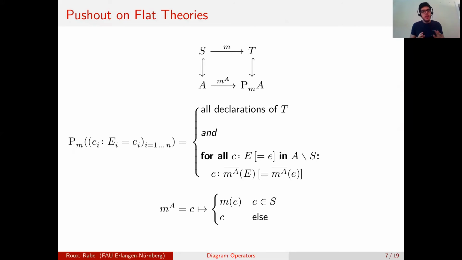And then for every constant which is really in A, and not just copied from S, we translate its type and definition components via M, or via some homomorphic extension of M. Right, so here we can already see that the pushout somehow works declaration-wise. So that's an abstract property we are going to name sublinearity later on.